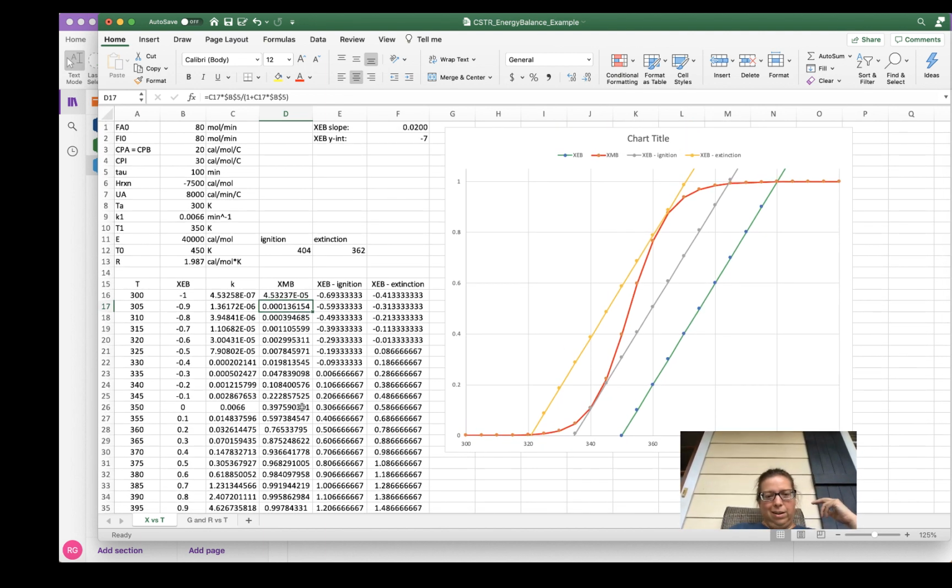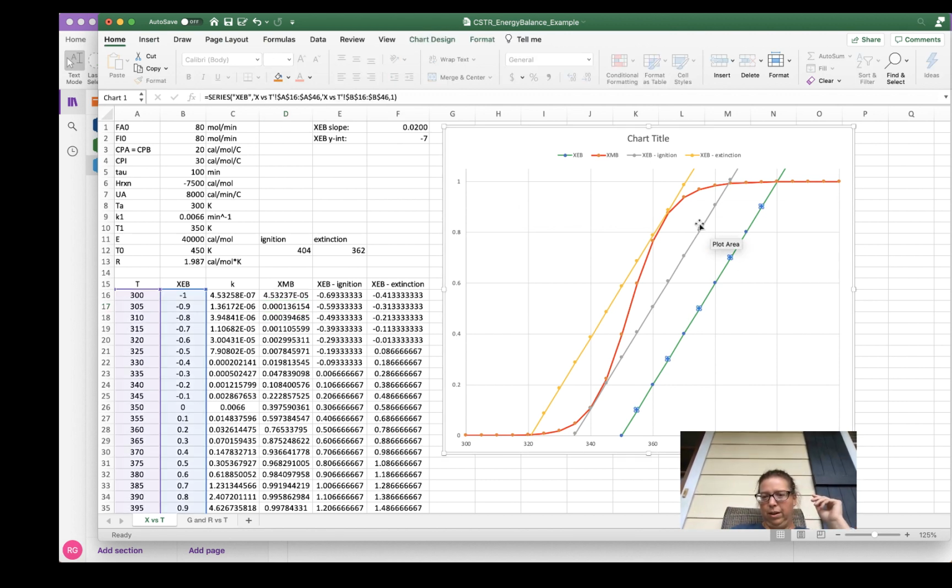Now I want to plot X_EB and X_MB, and the point at which the two trends intersect is going to give me, simultaneously, the conversion and the temperature that this reactor is achieving. So this is the plot. It actually has three trends on it, but we're only going to look at two for now: the red trend and the green trend.